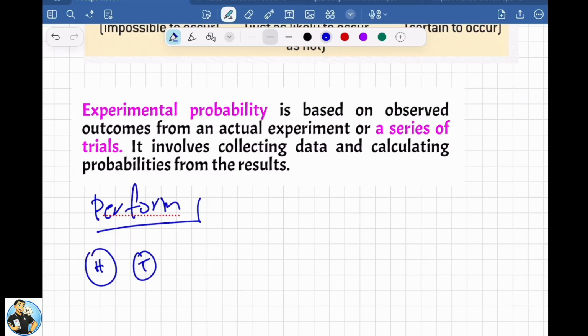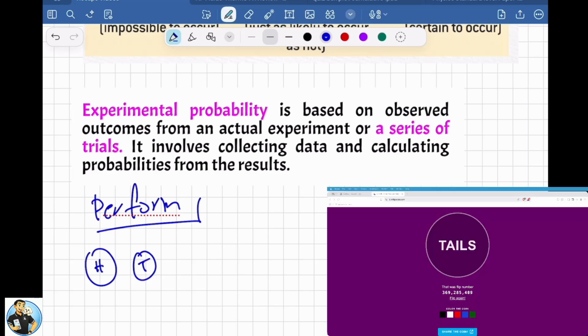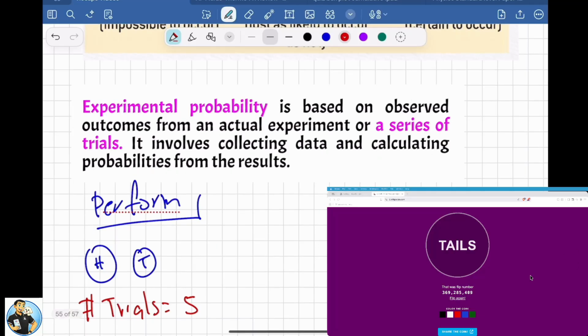Okay, so pay attention to this one, because here, let me show you. This is a simulator. I want to perform, first we need to set a number of trials. So imagine that in this case, I want to perform 5 trials. My event, I want to know the probability of getting tails.